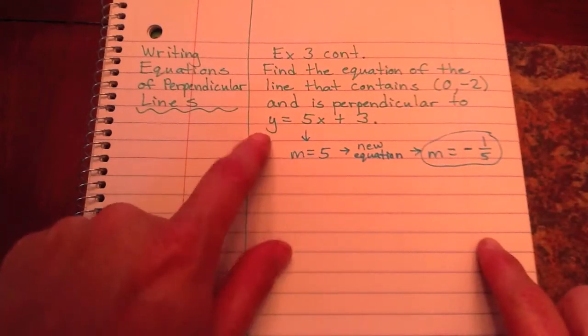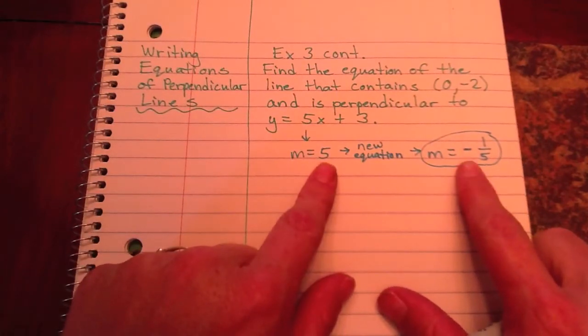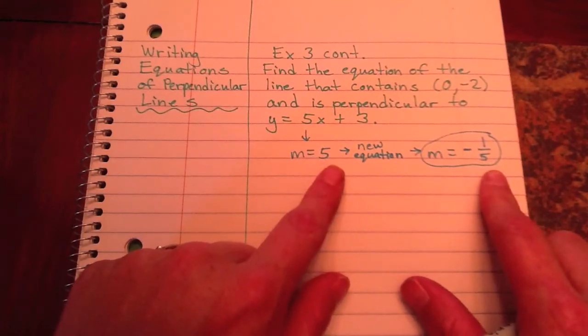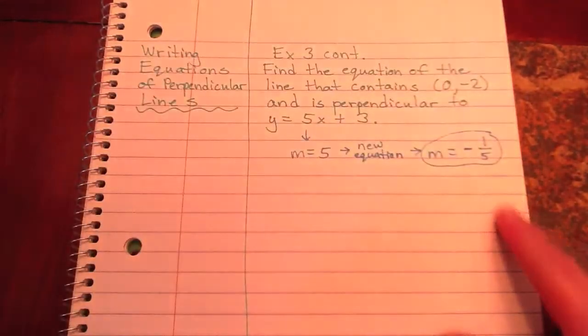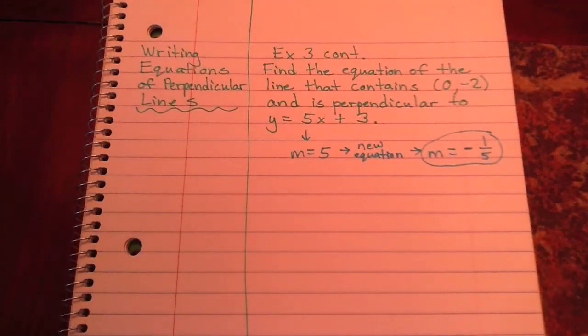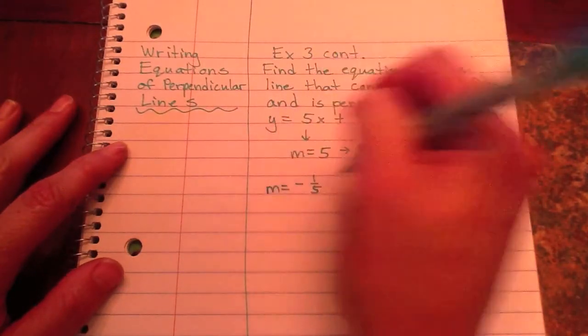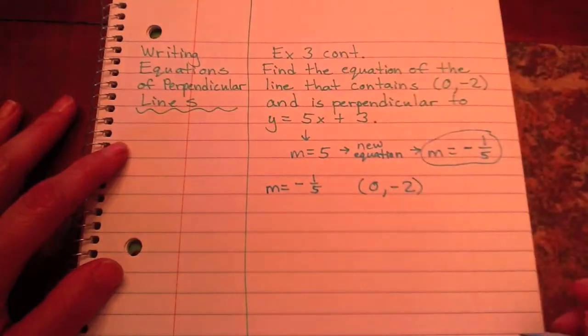All I did was take the slope from the one it's perpendicular to and make it the opposite sign. It doesn't mean it's negative every time. If this was negative, that would be positive. Opposite sign, reciprocal. Now I have m, I have x, I have y, exactly what you've done every other time. You need to find b. So you're going to take m equals negative 1/5, point is 0, negative 2.